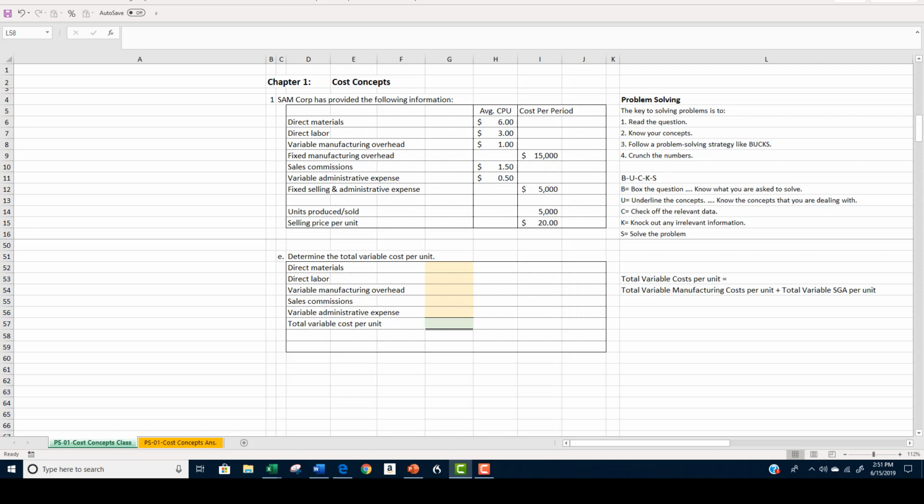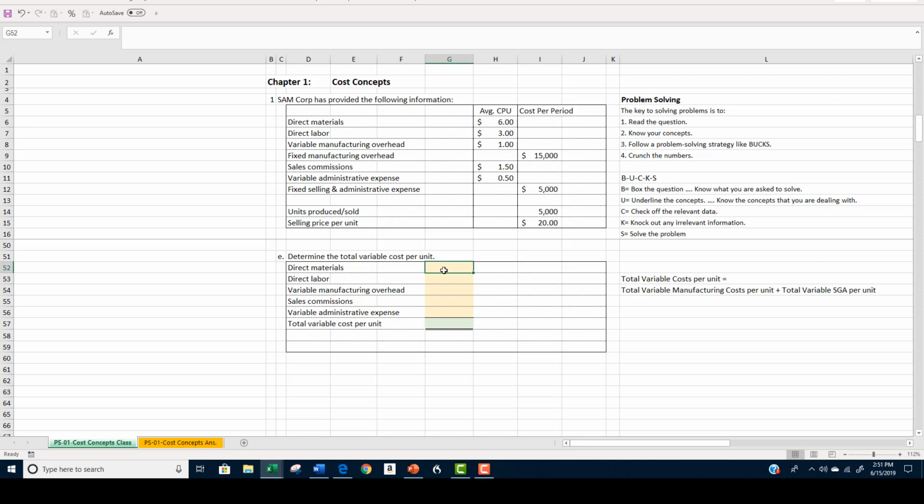Question E asks that we determine total variable cost per unit. The concept here is total variable cost per unit. The per unit amounts for both variable manufacturing cost and variable SG&A are relevant. The selling price and fixed costs are irrelevant.